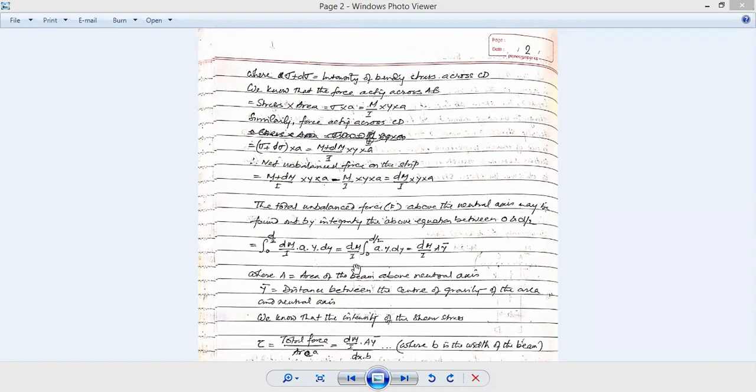So dM by I is constant, and it is brought outside the sign of integration.